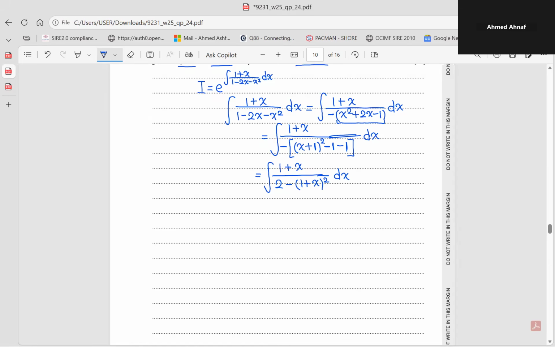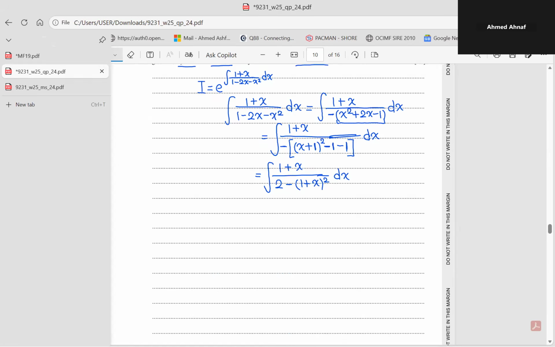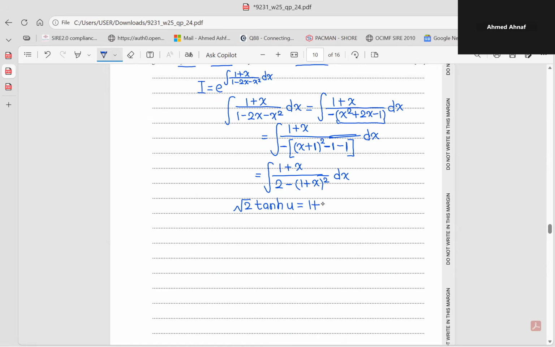We get that form when we differentiate a form of tangent inverse x. So we're going to use integration by substitution. We substitute square root 2 tan u equals 1 plus x.